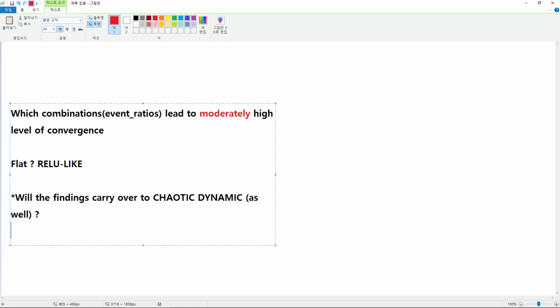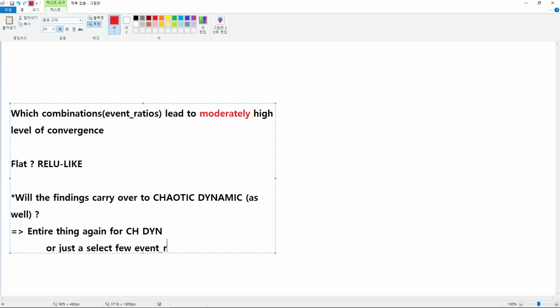Yeah, and for this I might have to do the entire thing again for chaotic dynamic, or just a select few event ratios.